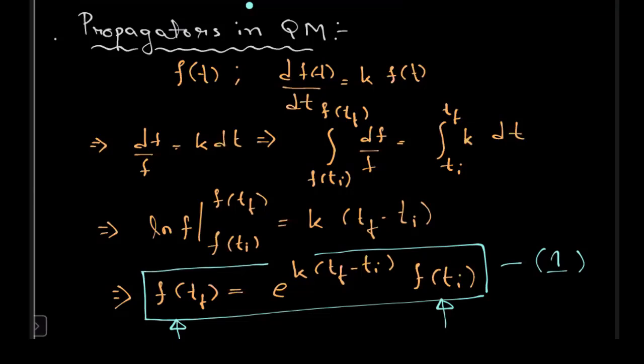That means if you look at the structure of equation 1, all you can do is talk about how the function evolves in time, but you cannot say anything about how the function evolves in space or with respect to position.